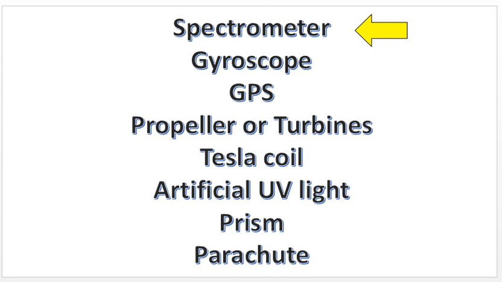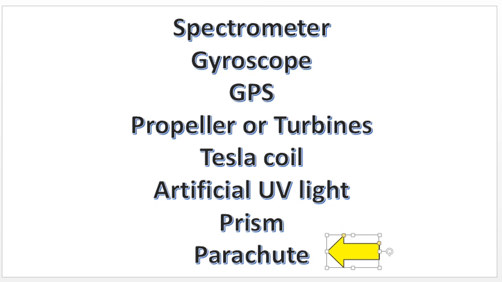Now, as I've said, the drone will have a spectrometer, a gyroscope, a GPS, turbines, Tesla coil, UV lamp, prism, and a parachute. Now, what does each device do? Okay, spectrometers, which uses wavelength of light emitted by a substance, analyzes it and tells you what elements it is made up of.